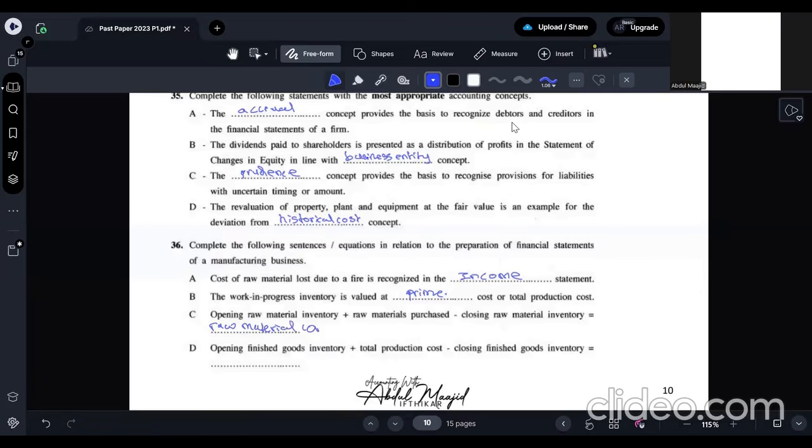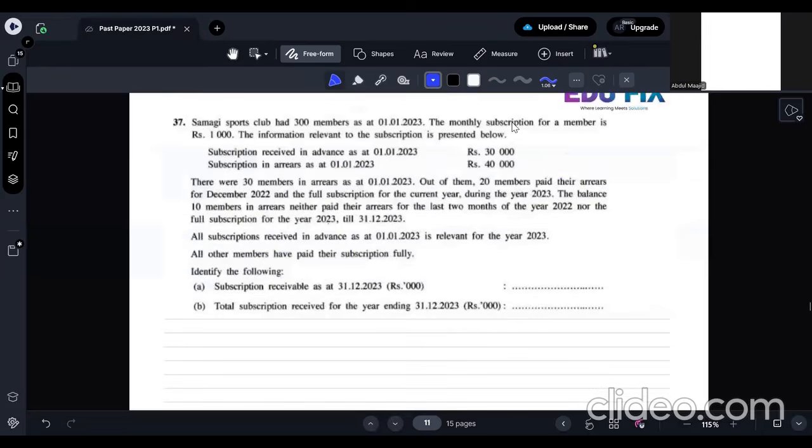How much is the raw material you have actually used? The opening finished goods inventory plus total production cost minus closing finished goods will give you cost of sales. Cost of sales.